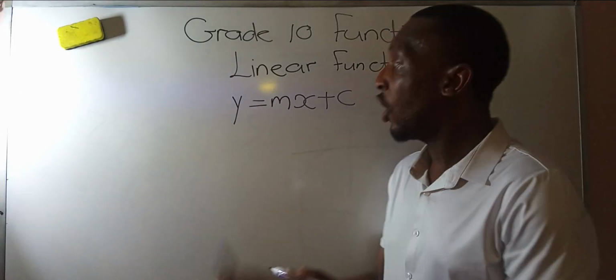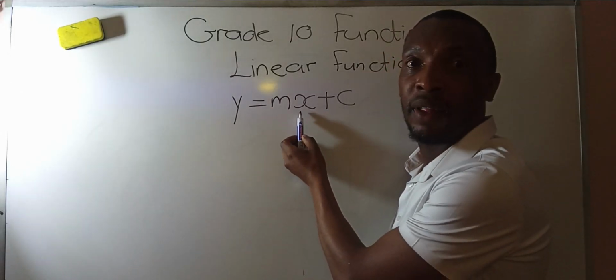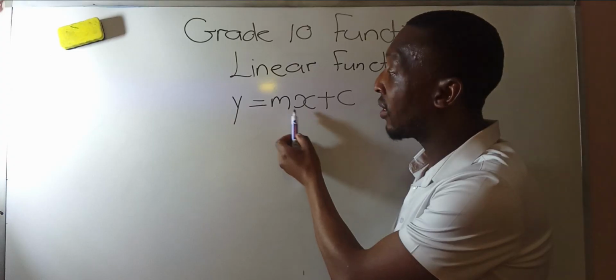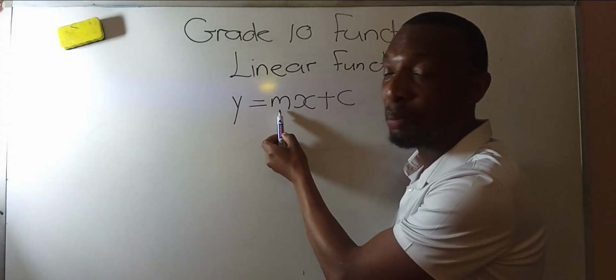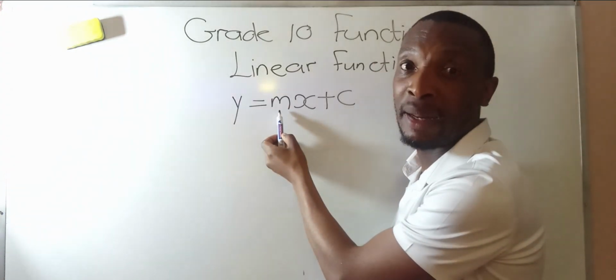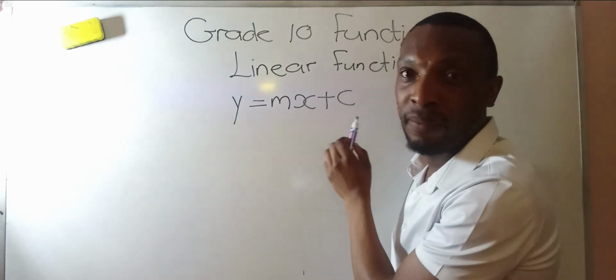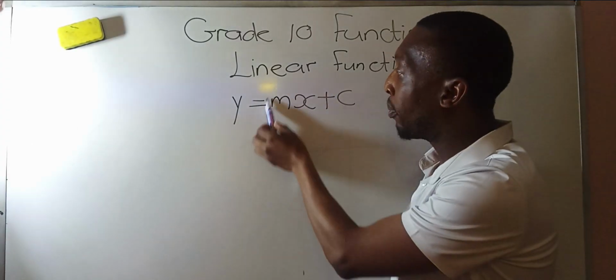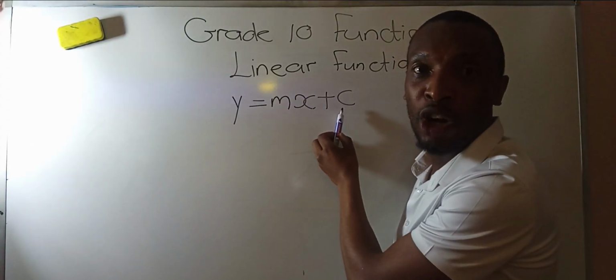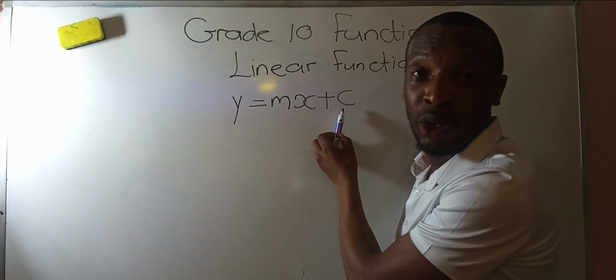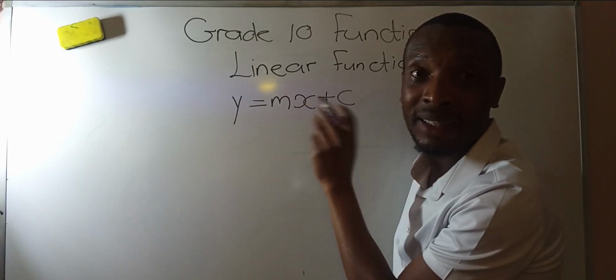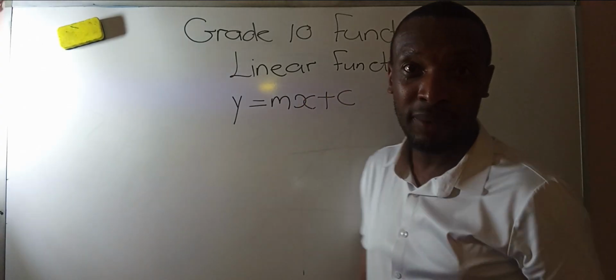As long as you have the x, and the x has got a coefficient, so it's multiplied by a particular number, and the x must always be to the power of 1, and that product is then added to a constant term, a constant number, like a 10 or a 5 or a -3.